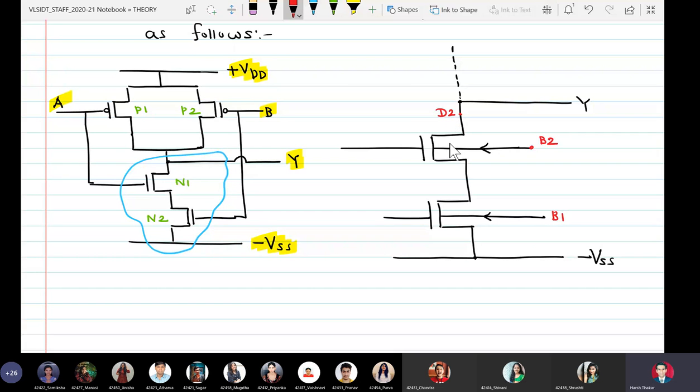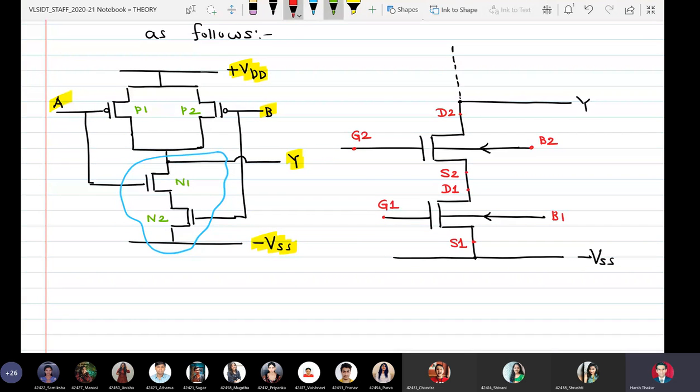Drain of upper, source of upper, drain of lower, source of lower, and we have gate of upper, gate of lower.